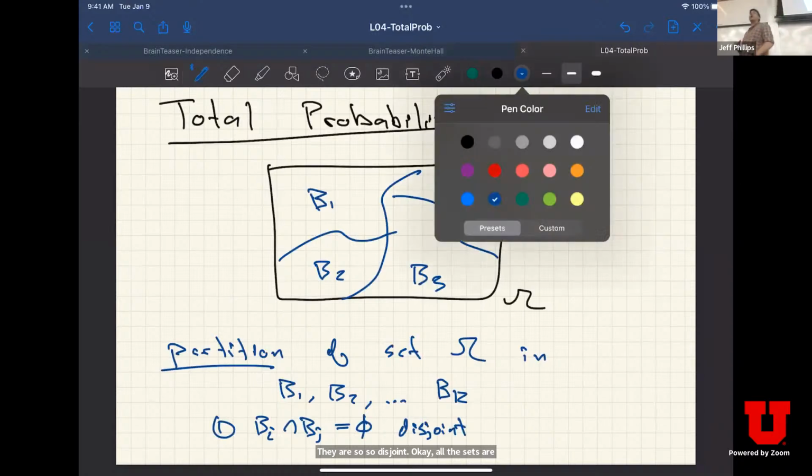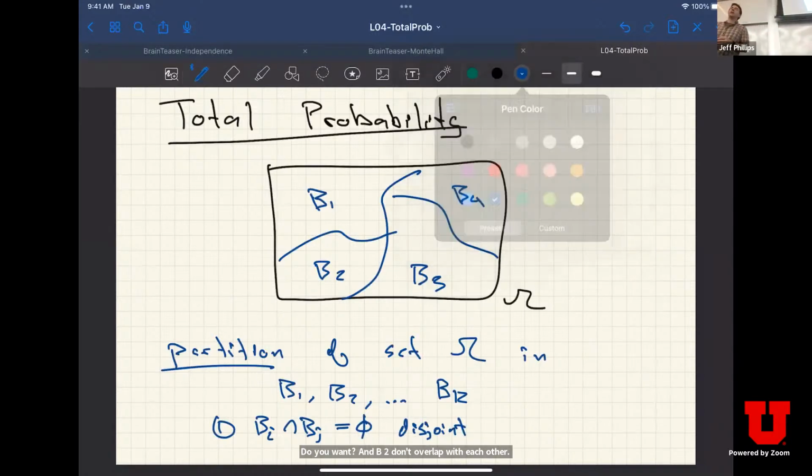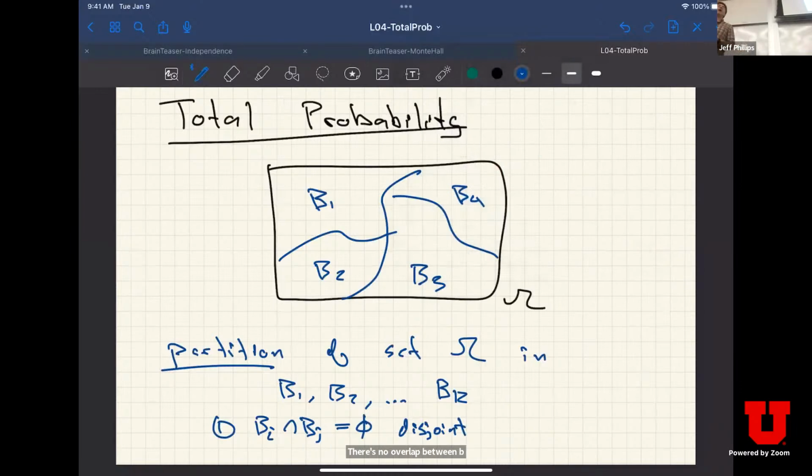B1 and B2 don't overlap with each other. There's no overlap between B1 and B2. And two, if I take the union, let me write it: B1 union B2 union ... union BK.